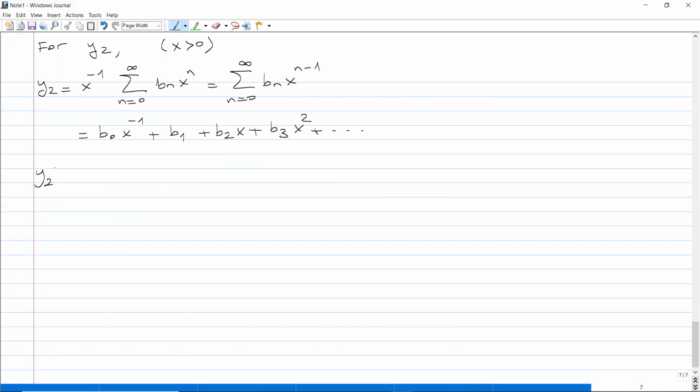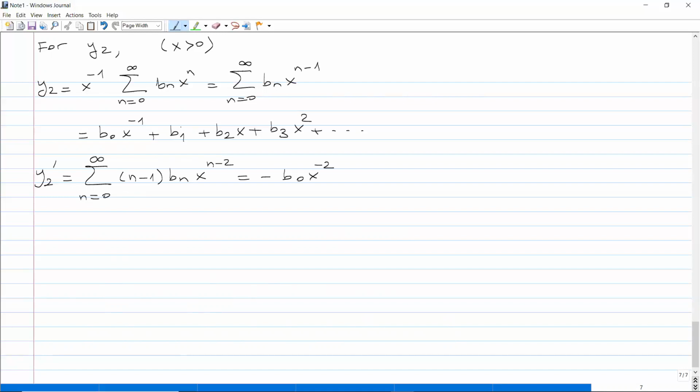So the first term is not constant, so the first derivative again starts from n equals 0: (n minus 1) bn x to the power n minus 2. So this is minus b0 x to the power minus 2. For n equals 1, we don't have a term because n minus 1 is 0.